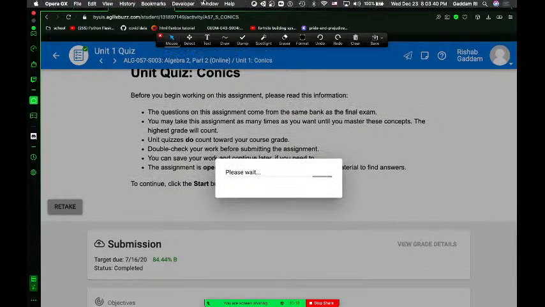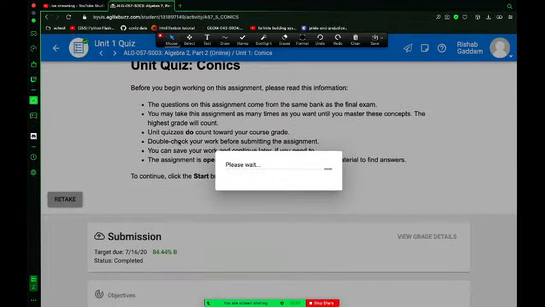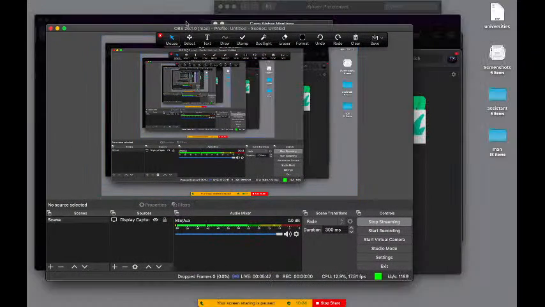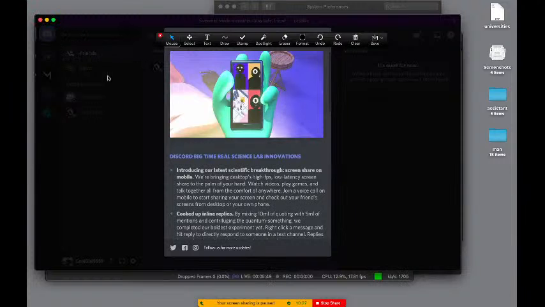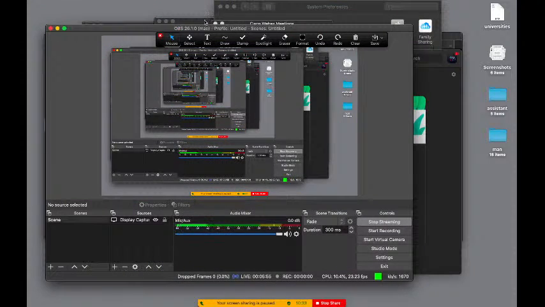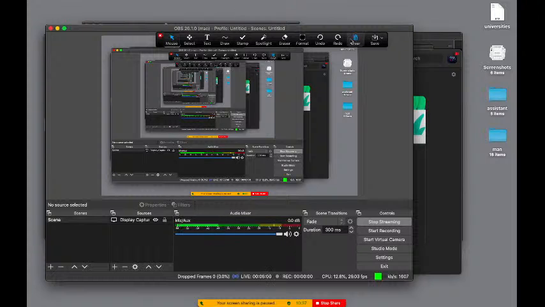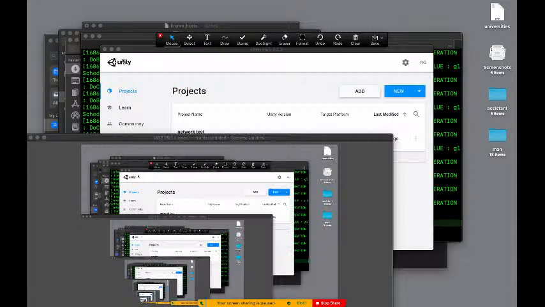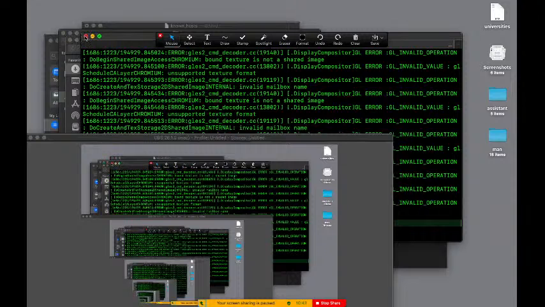So now we just wait for this thing to load, and I'm gonna close some applications to make it go faster. Okay, I don't care. Go away, go away, go away, until we can close pretty much all of them.